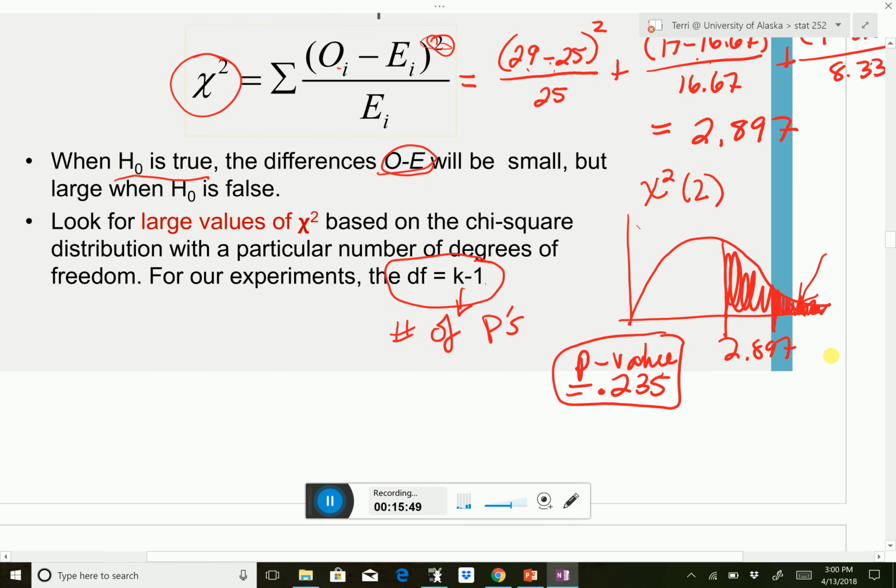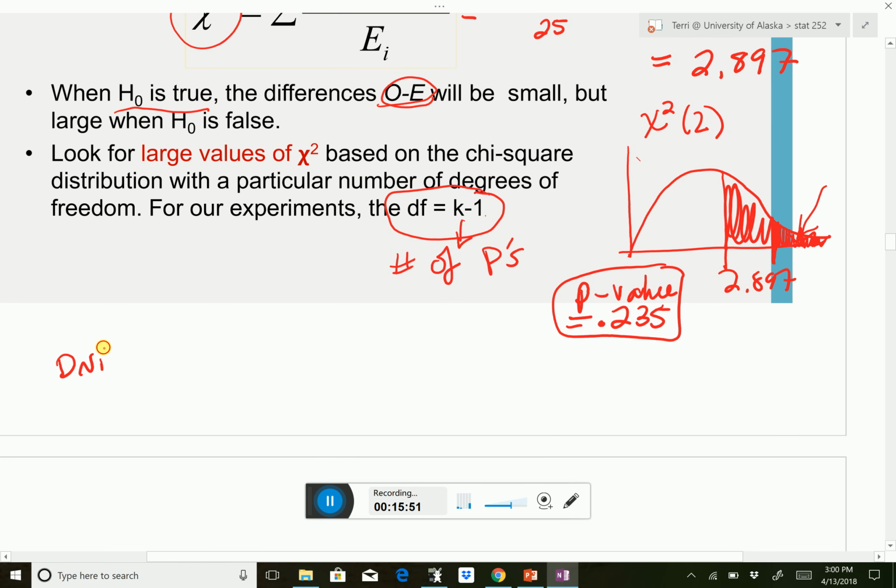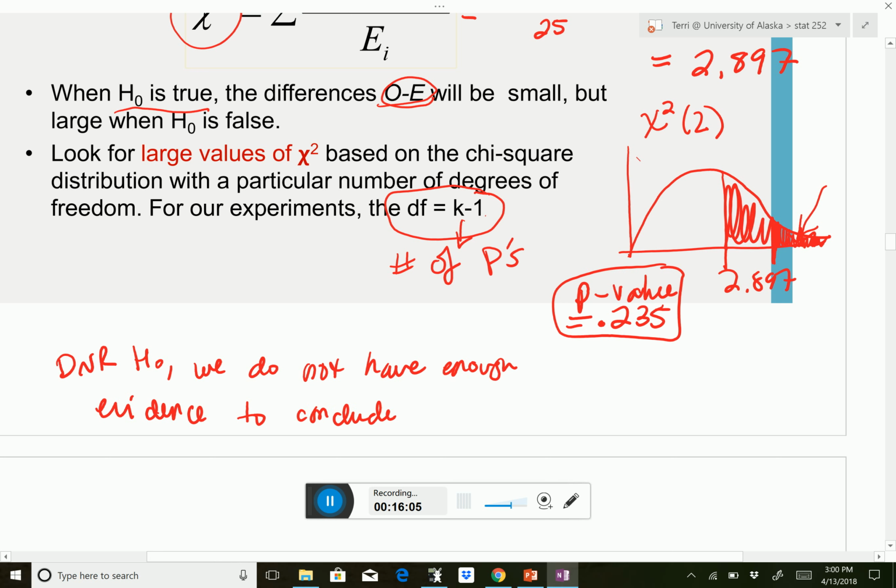So we would do just like we do before. We do not reject the null. We do not have the evidence to conclude that the probabilities are incorrect.